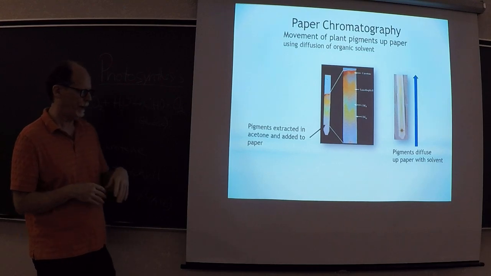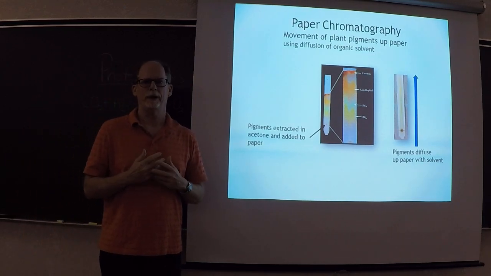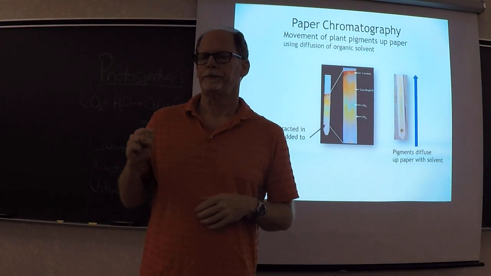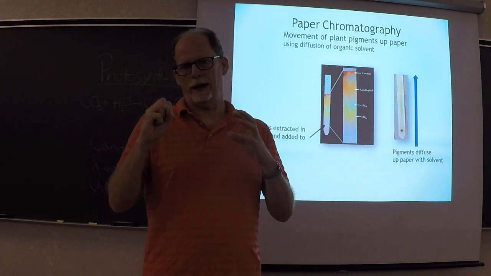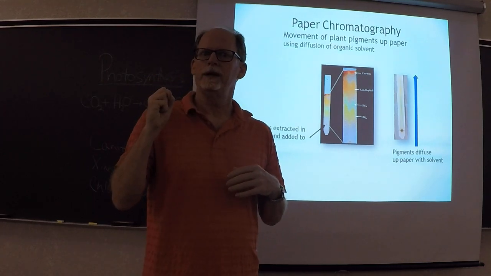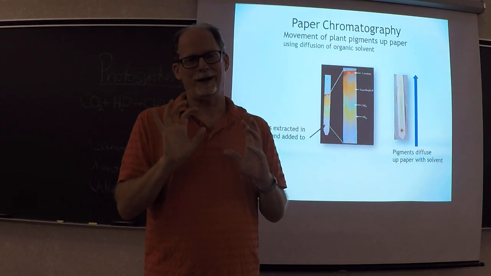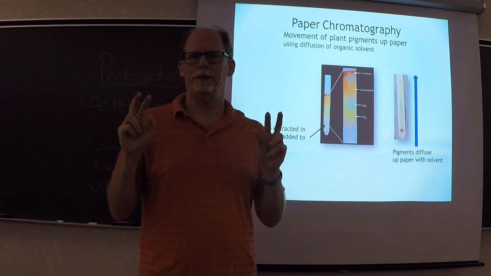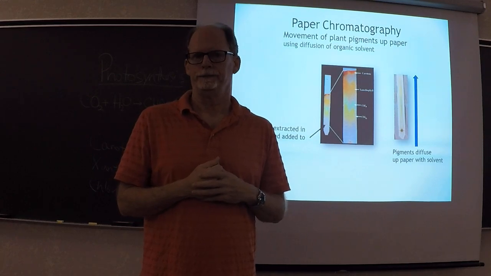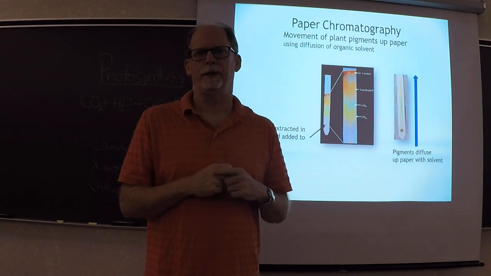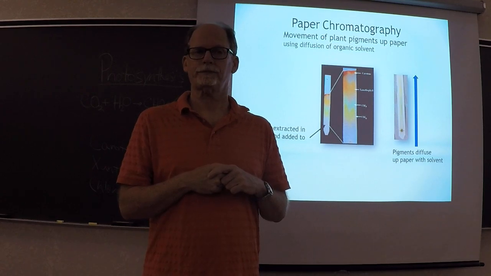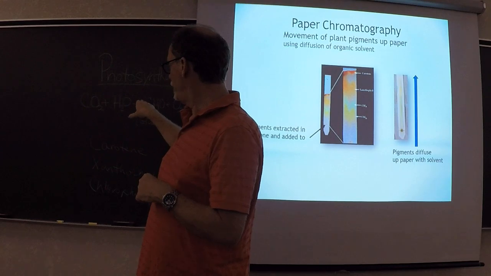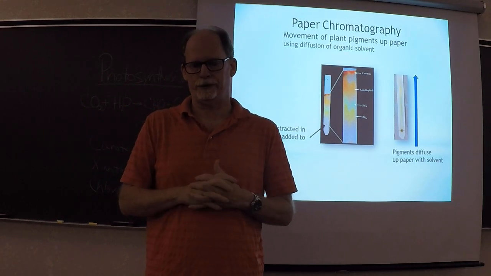I explained plant pigments are used by the plant to grab light, and then I'll explain in class how that energy is captured in the chloroplast of a plant cell, right? The cells of the plant have chloroplasts, and that energy is captured to provide energy for the photosynthetic process.